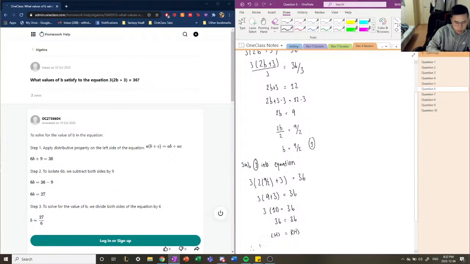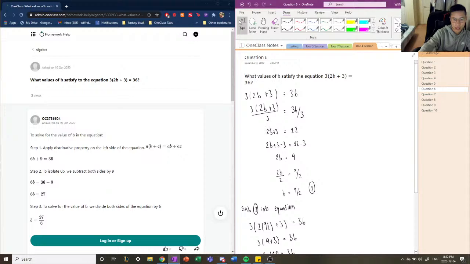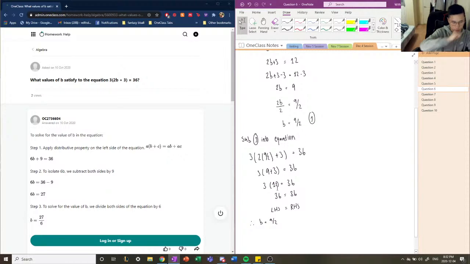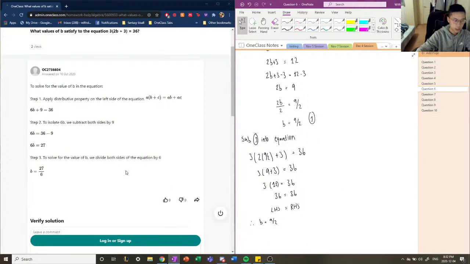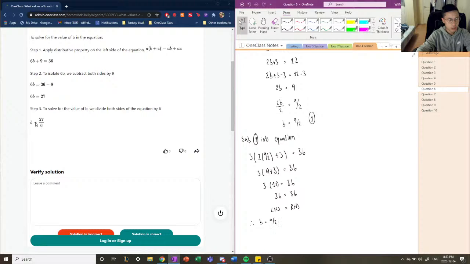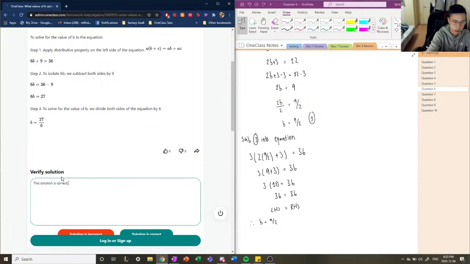Therefore, b equals 9 over 2. So that's how you find the value of b by isolating, and this is how you check. All right, cool. So the junior tutor didn't simplify it, but that's okay. This is still correct, and the solution is correct. Good work.